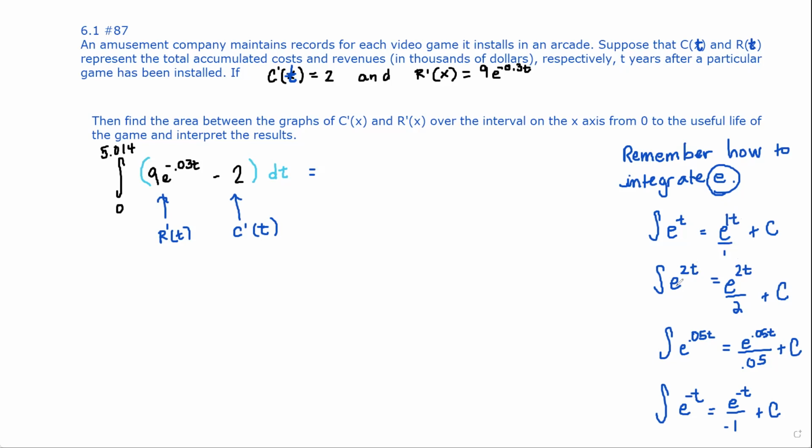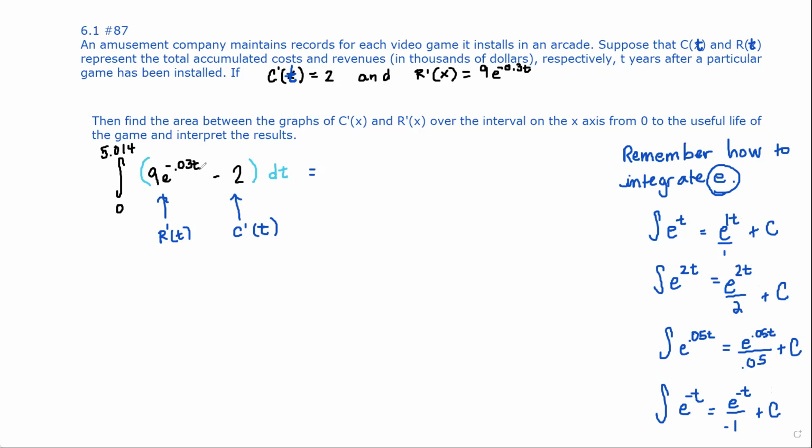So if I were integrating e to the 2t, it would become e to the 2t, but then divided by the derivative of your exponent, which would be 2. Integrating e to the 0.05t would become e to the 0.05t divided by 0.05. And e to the negative t, if we integrated it, would become e to the negative t divided by negative 1.